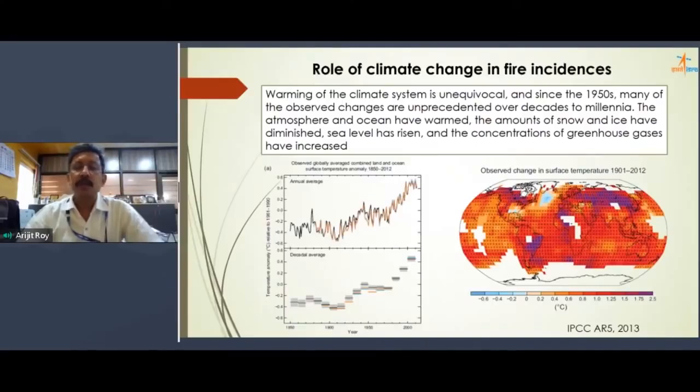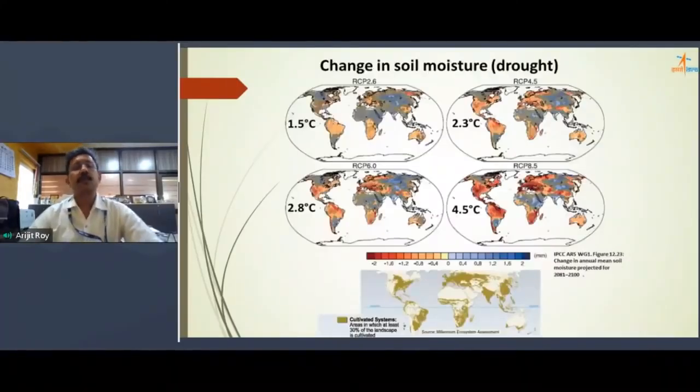Apart from this, there are many other factors which are changing, such as the soil moisture. In fact, due to this climate change, there is a drought-like situation across the world, mostly in areas which were predominantly wet.